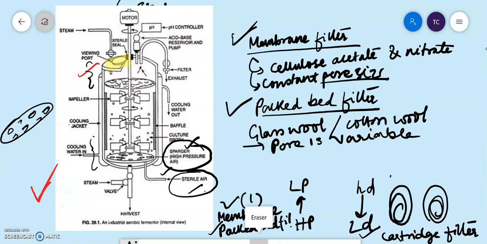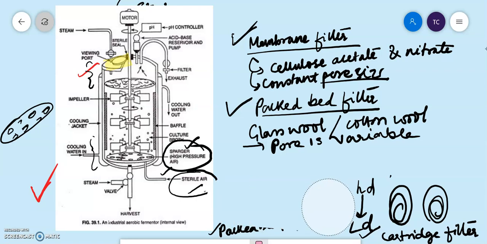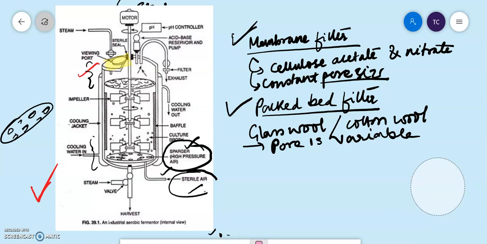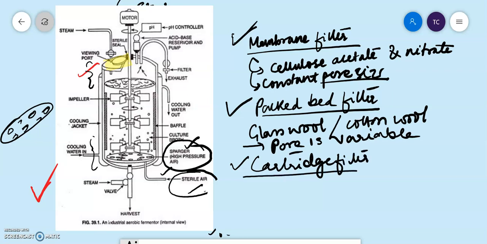Next comes another type of filter, and that is your cartridge filter. In this cartridge filter, the filter element is present in a stainless steel or polycarbonate cartridge.